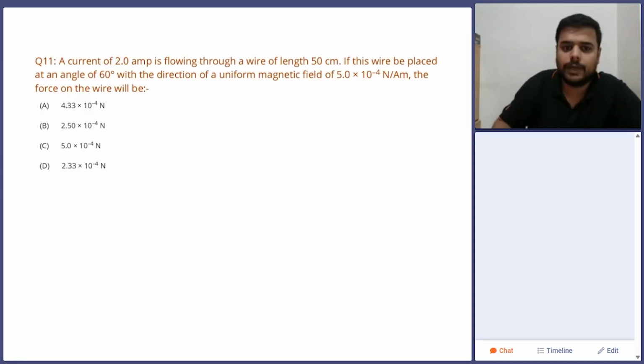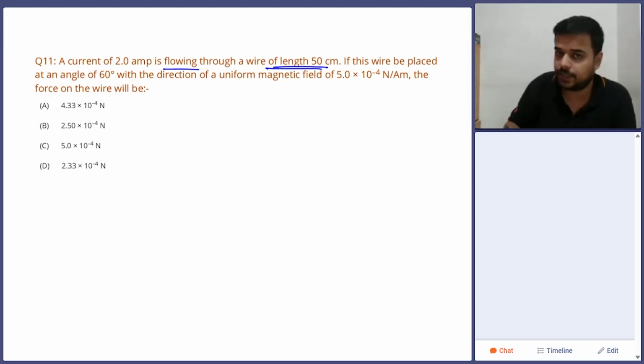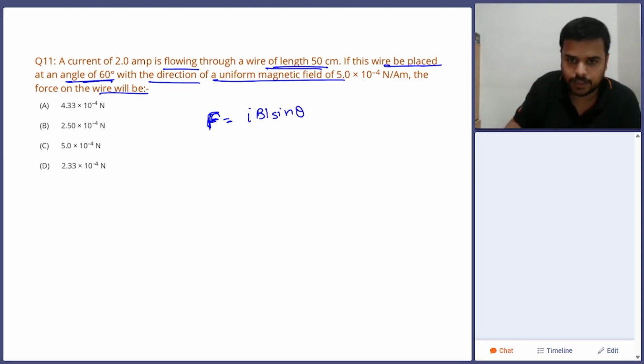A current of 2 ampere is flowing through a wire of length 50 centimeter. If the wire is placed at an angle of 60 degree with the direction of uniform magnetic field, the force on the wire will be. So guys, we all know that F is equal to I B L sine theta.